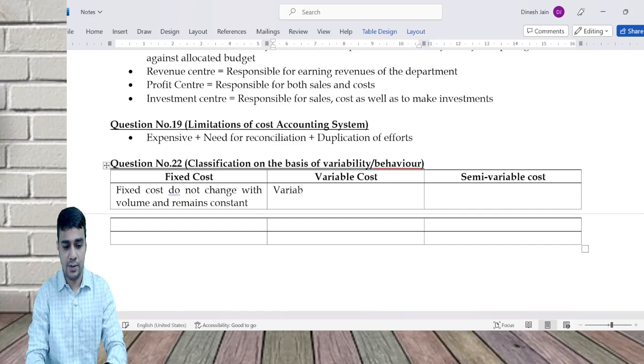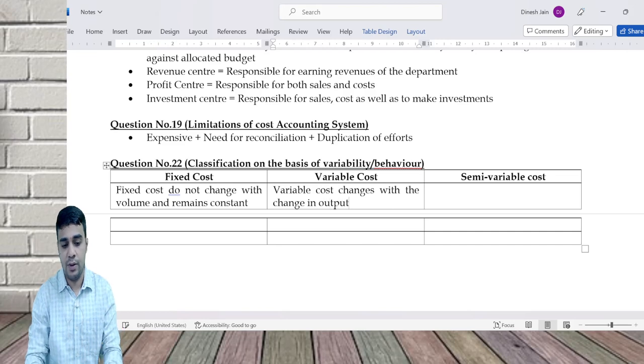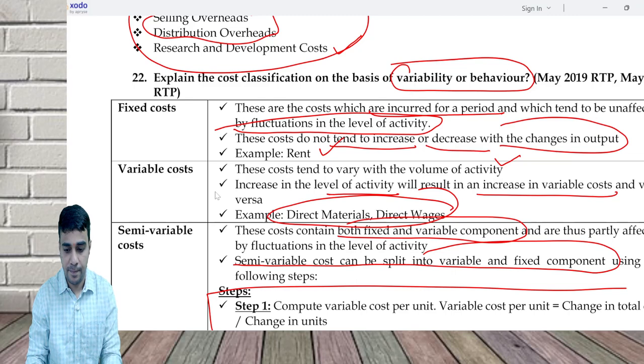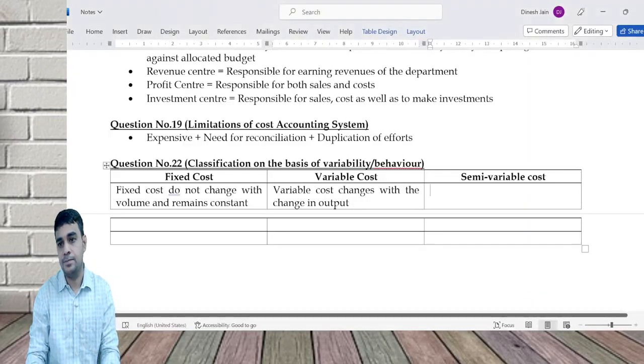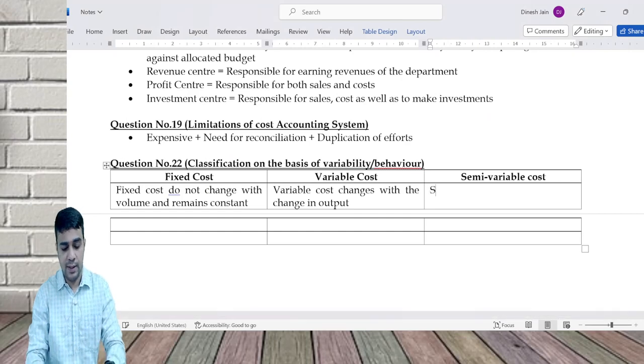Variable cost changes with the change in output.